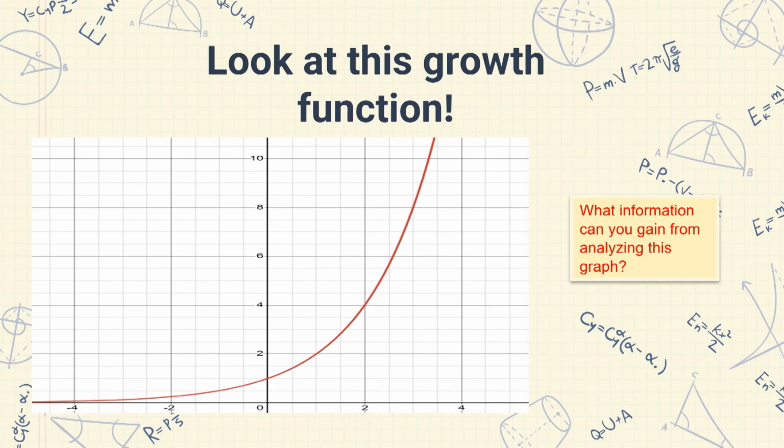Well, I see that it crosses my y-axis at (0, 1), and then it's increasing, and I can see different points on this graph. So I always want to make sure that I'm analyzing my graphs because 9 times out of 10, you can find loads of information if you just analyze the graph.